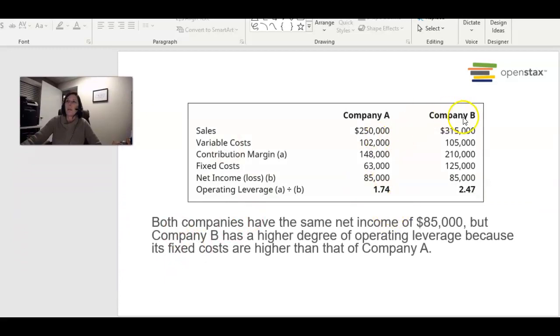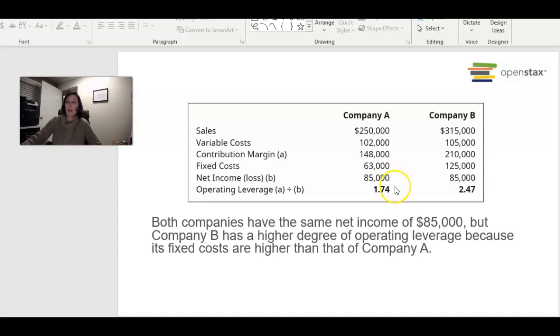Company A, Company B. Company A has higher sales, lower variable costs, and higher contribution margin as a result, substantially higher fixed costs, and as a result, between the two of them, the net income turns out to be exactly the same.